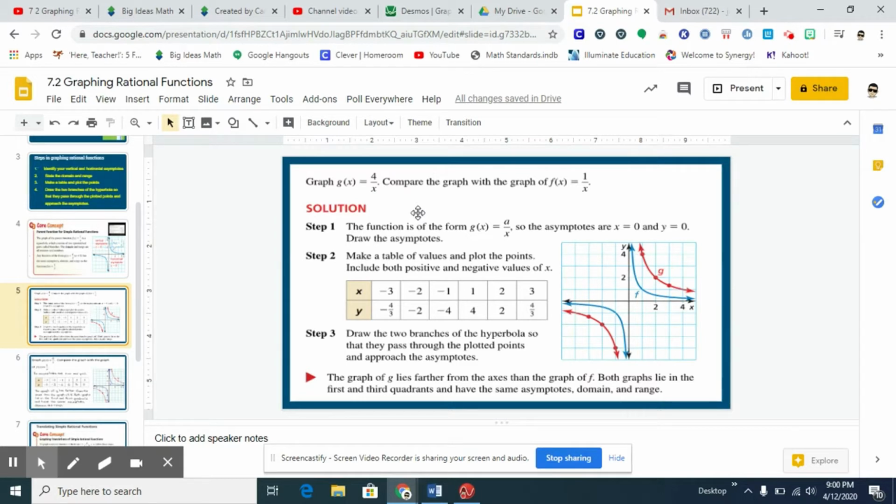Whenever a function is in that form, the asymptotes will both be at zero. So your vertical asymptote, which is x equals 0, will be here. That's your vertical asymptote. While your horizontal asymptote, which is y equals 0, will be here. So that's our step 2.